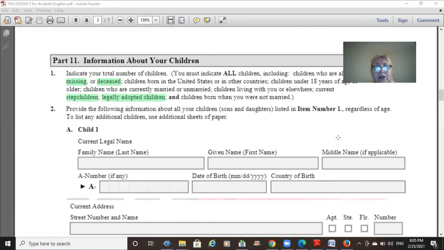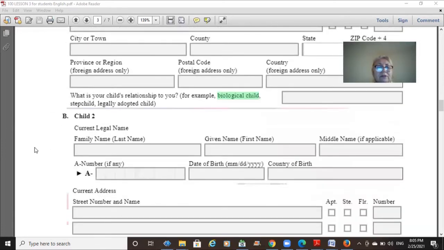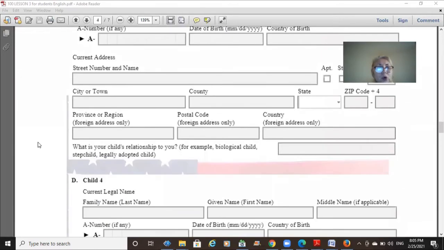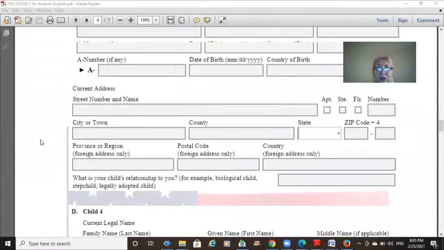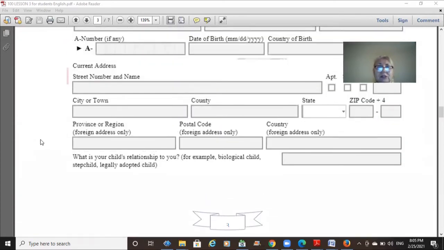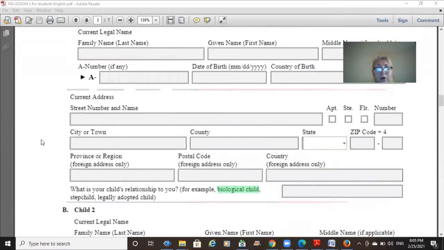And it does not matter sons or daughters. It does not matter how old they are. In this form, they give you enough space to provide information about 4 children. But if you have more children, you will need to use a separate sheet of paper.